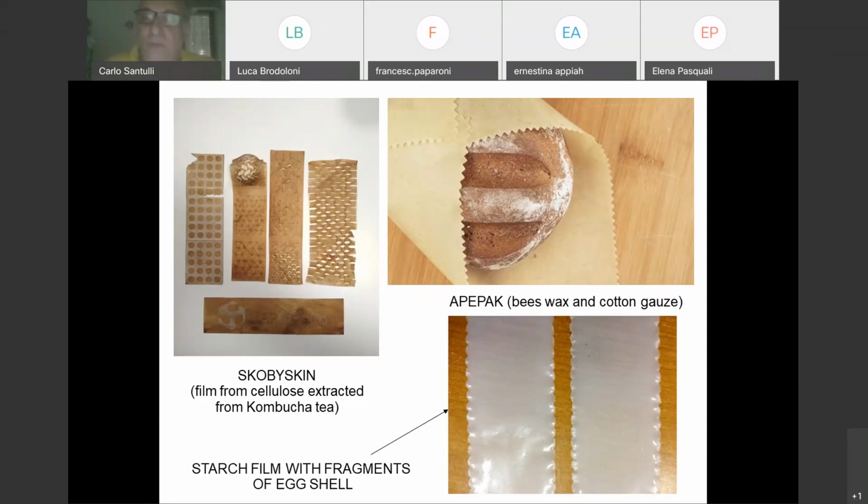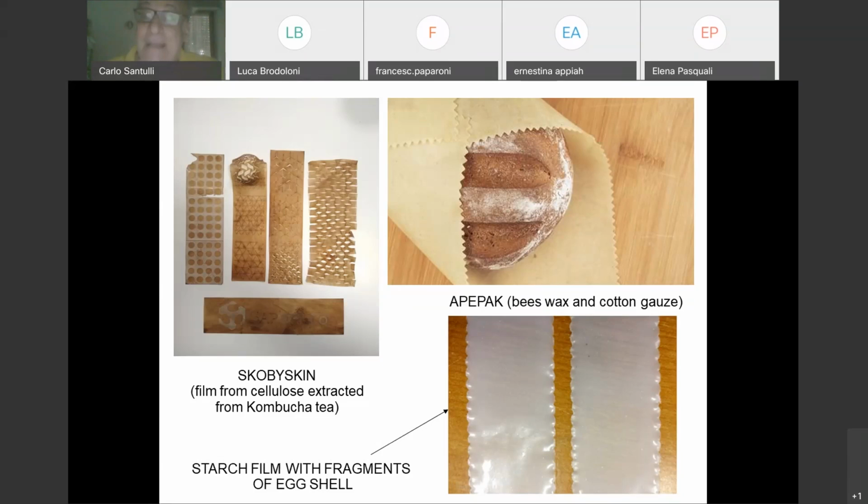SCOBY skin is the residue of a type of tea called kombucha, and you can make a kind of false leather from it. As I was saying, Ulysses was using leather because he had these skins from cows, and even from other cattle like sheep.